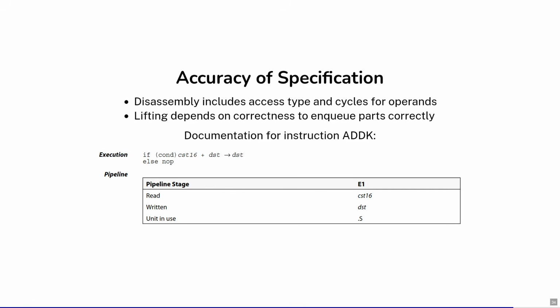And I took this information from the specification or from a machine-readable version from libopcodes. And my lifting depended on this information. And it was sadly incorrect for this instruction. As you can see, it says that we read a constant, which is not really helpful, because it is encoded in the instruction. What we would actually need to read is the destination register that also contains the source value. And this is what I had to change to make this instruction work in lifting.